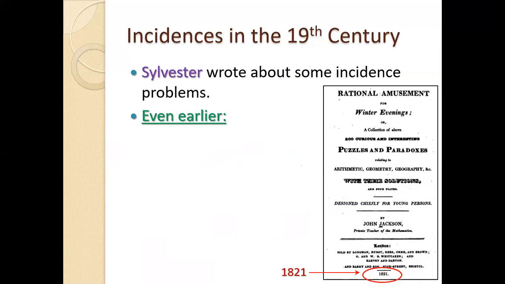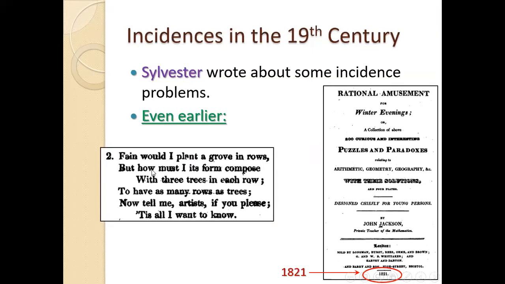And I'm going to guess that probably no one will have any idea what this question is trying to say, just because it's from 200 years ago. Let's look at this problem. Here's one of the incidence problems. Fain would I plant a grove in rows, but how must I its form compose? With 3 trees in each row, to have as many rows as trees.